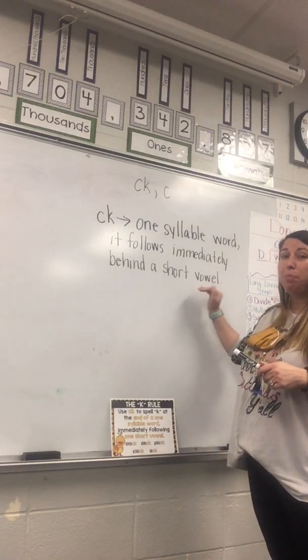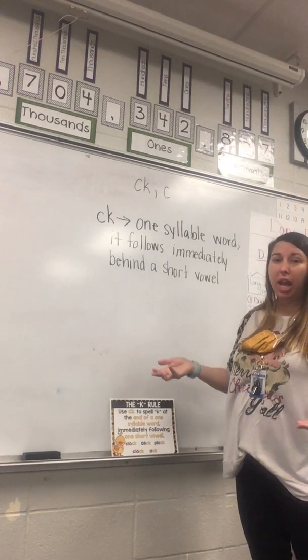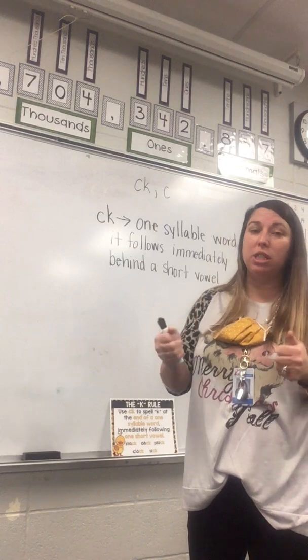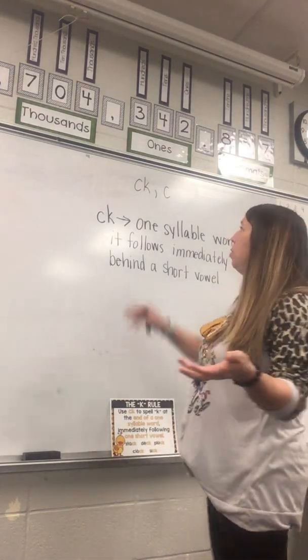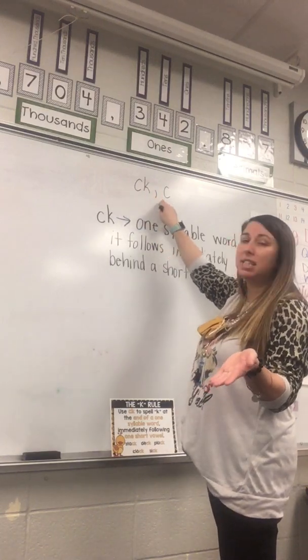We are going to be taking notes today, so you can pause this video at any time. Remember, you're going to need your writer spiral notebook to take these notes for our spelling, because in some of our words this week we are going to have CK that says k and C that says k.